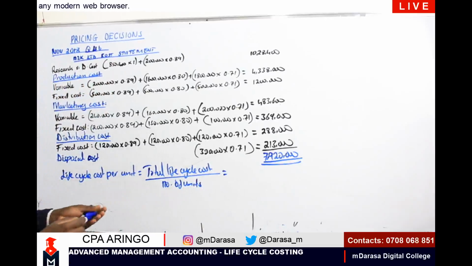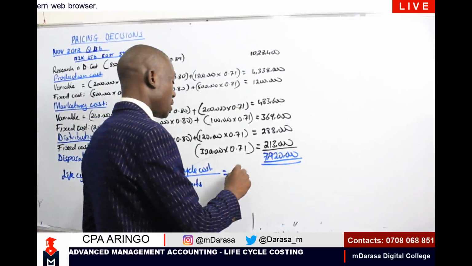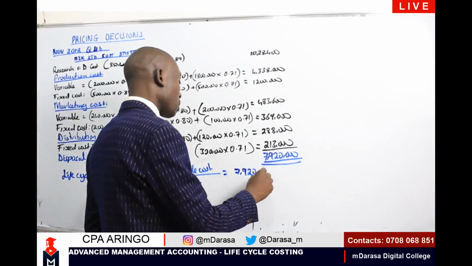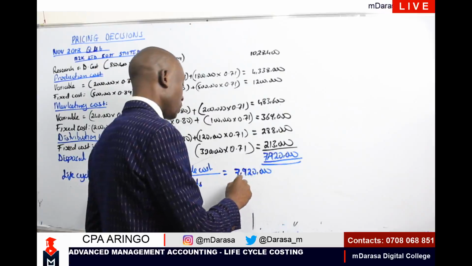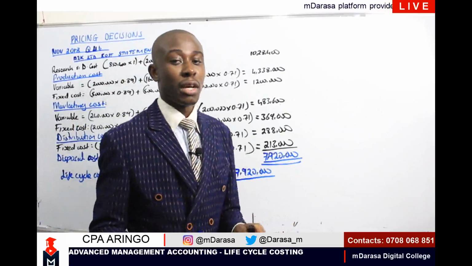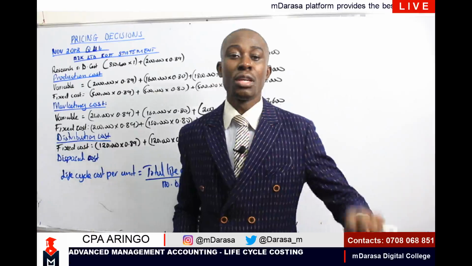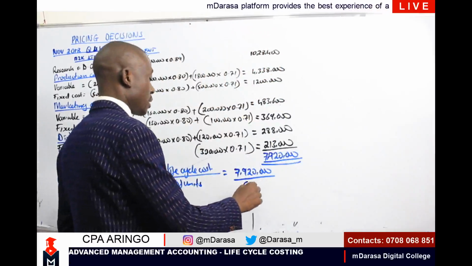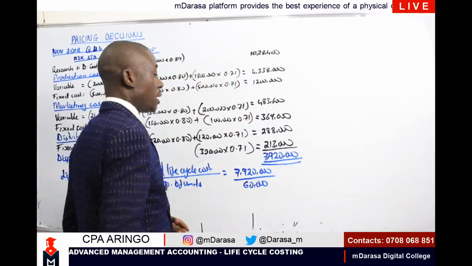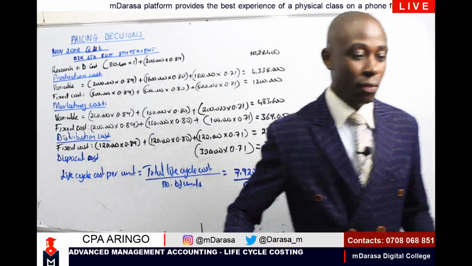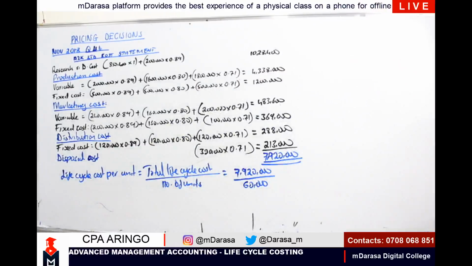So my total life cycle cost, we have determined it to be 7,920,000. We divide by the entire number of units. And the entire number of units, you can clearly see we had 60,000 because we had 20,000 each year. If you can recall, this is what we had.